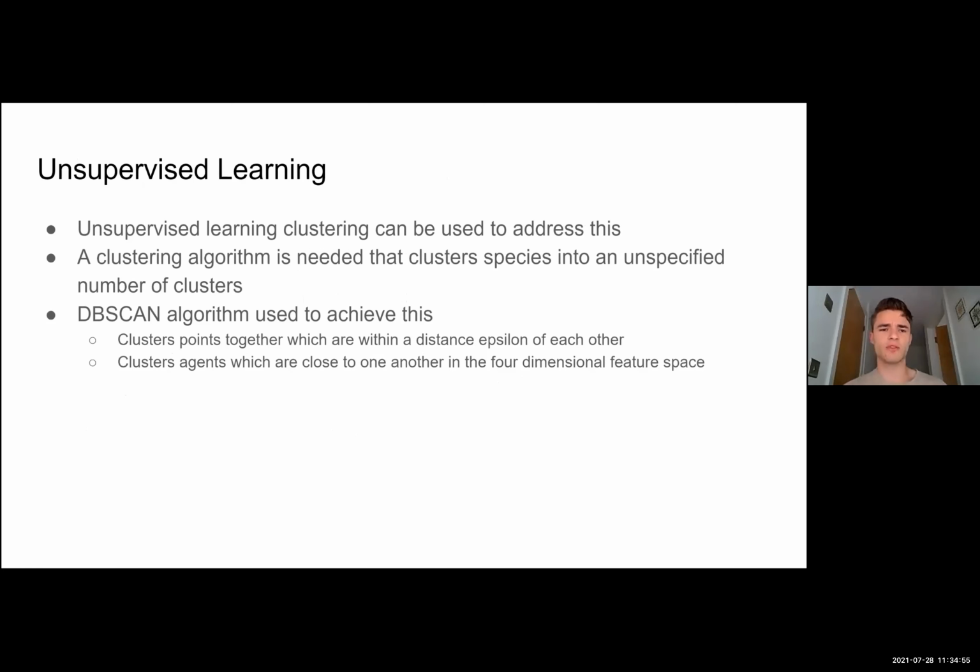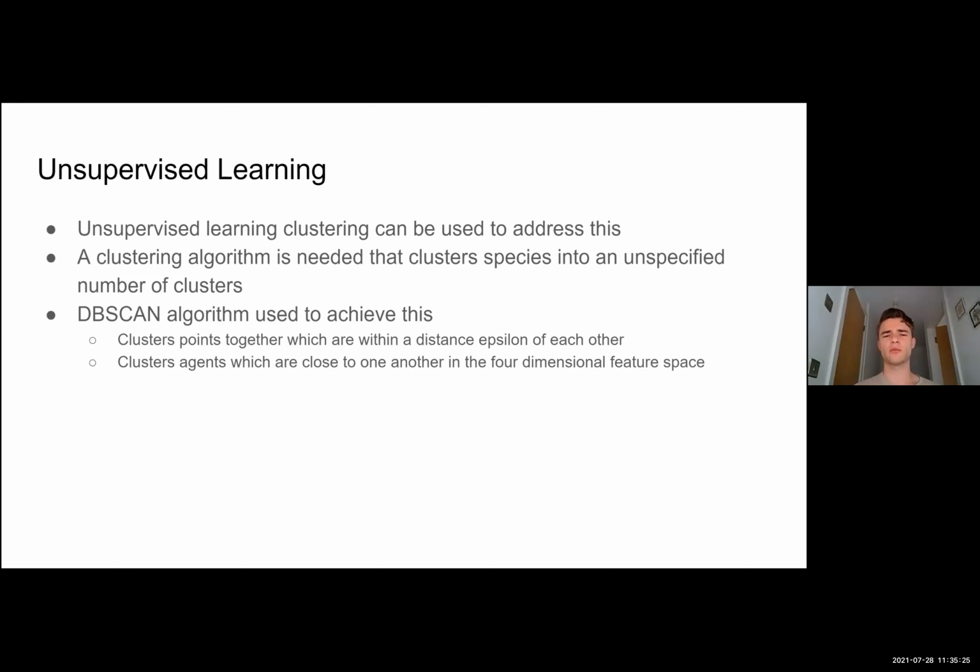So in order to solve this problem, I devised an unsupervised learning clustering approach. A clustering algorithm that is applied to this needs to be able to cluster into an unspecified number of clusters, which would be analogous to the species, because we don't know how many species actually persist within the food web.